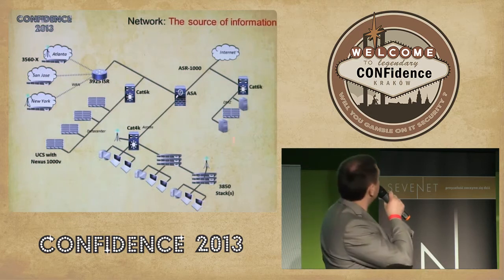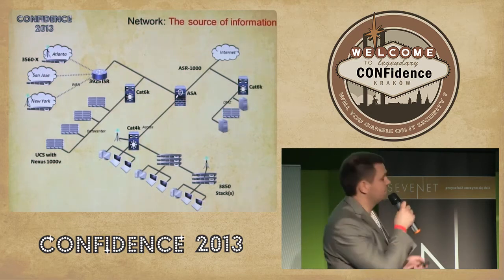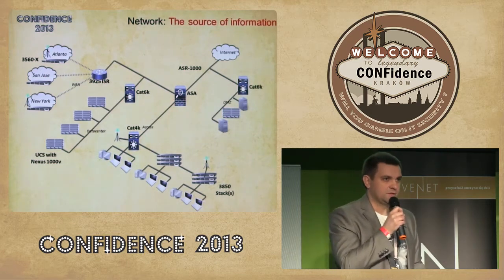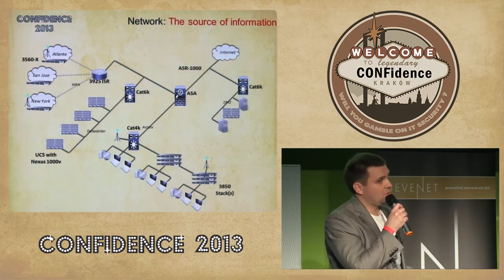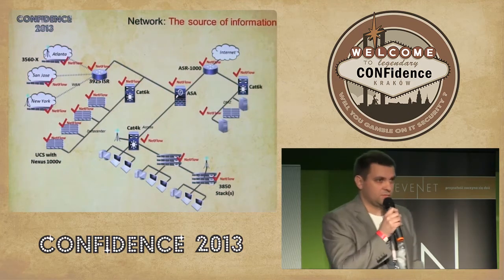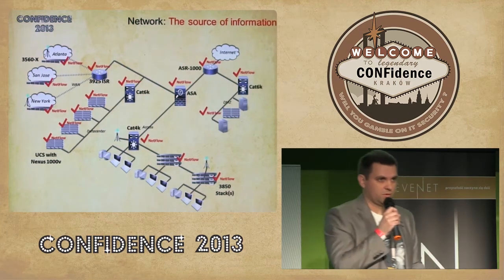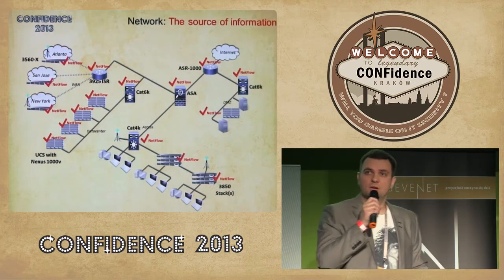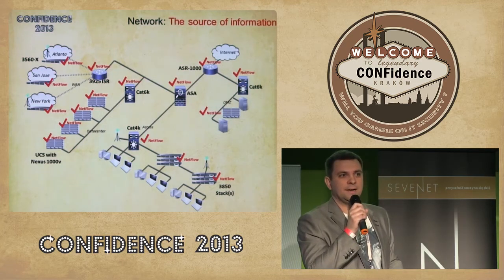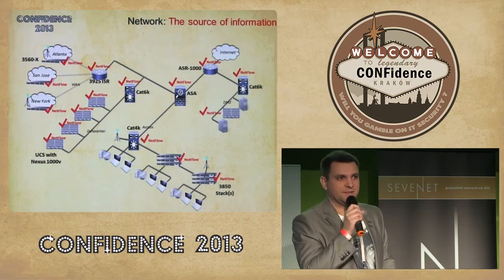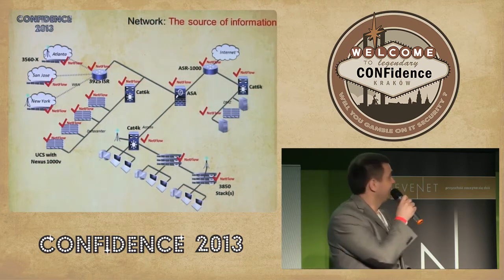So these devices can help us in detection of the invisible threat. How? Because most of them support NetFlow. How many of you know a little bit about NetFlow? A few, some? Yeah. Okay.